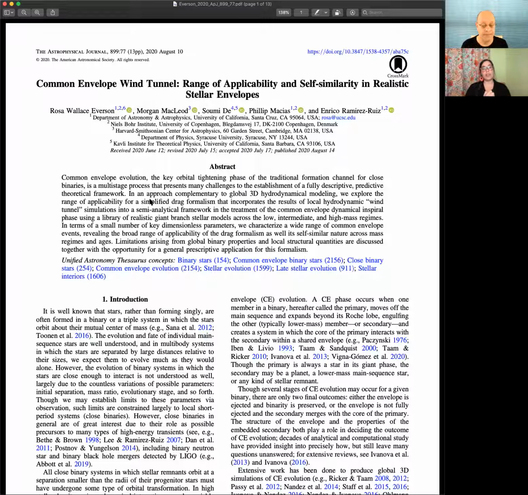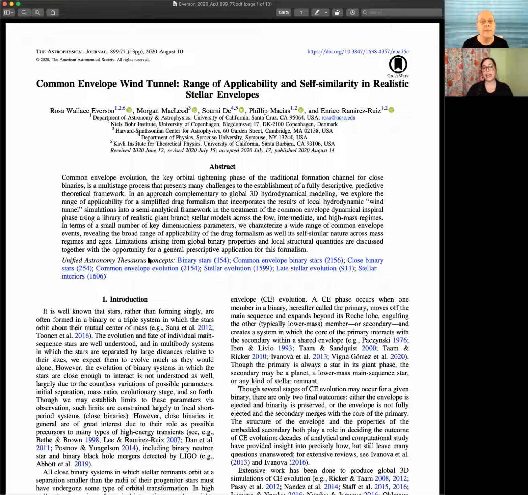Cool. So Morgan had looked at some specific examples that were relevant to the community before, but what we wanted to find out was what is the broad range of applicability for this drag formalism that he came up with.